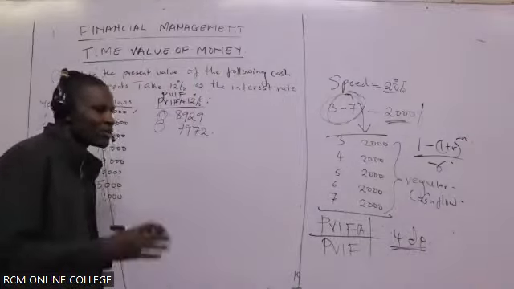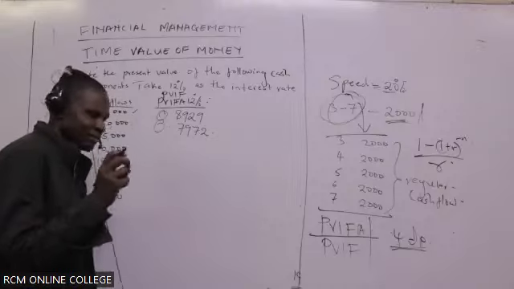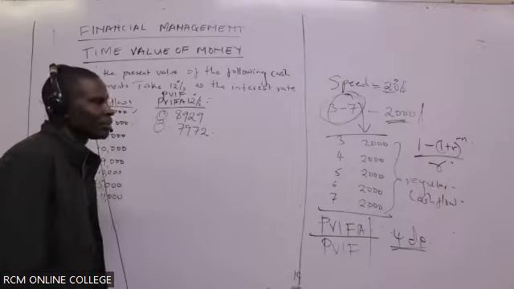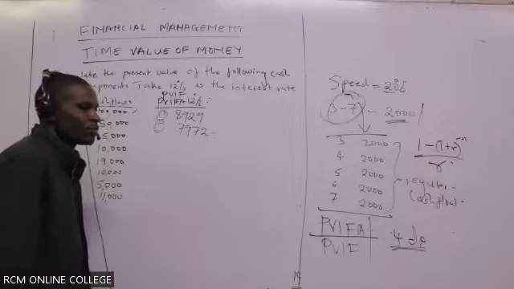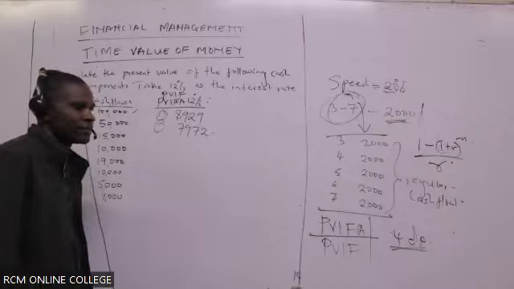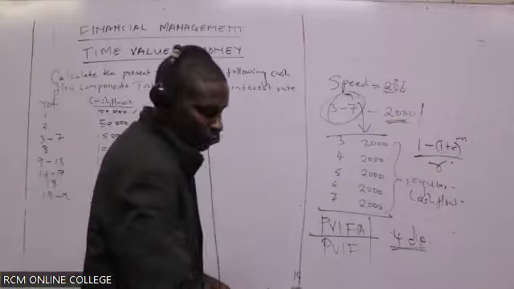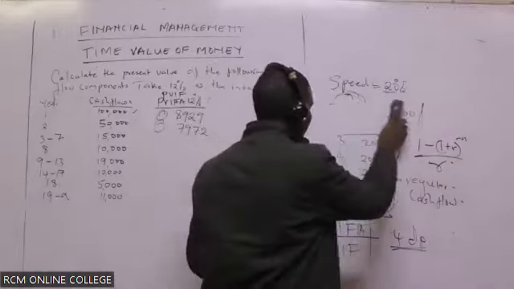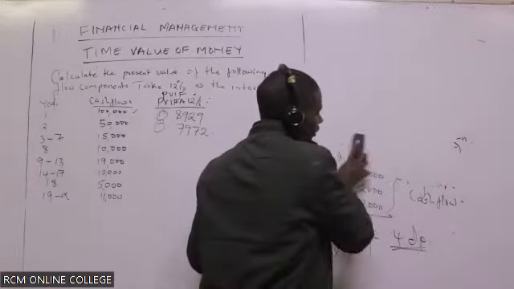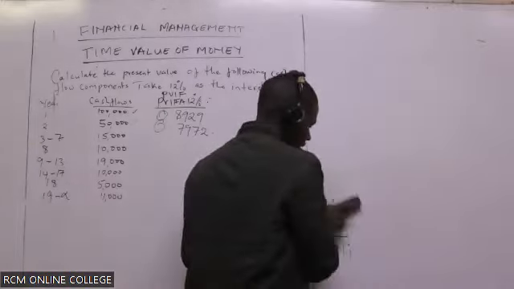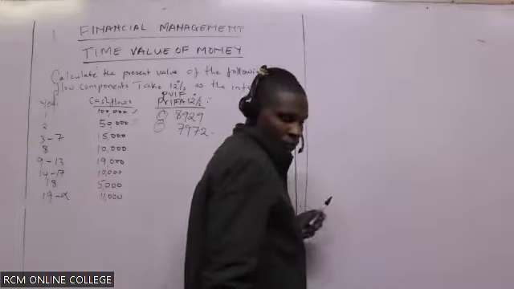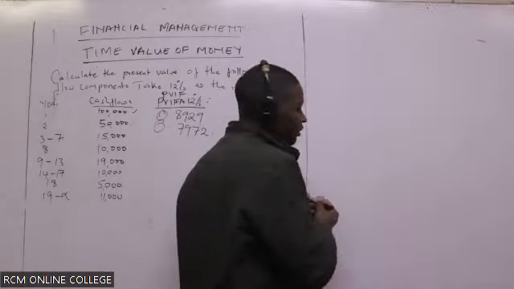Nataka nipate variety, different people giving us the answer. 4.5638. Hapo ndio nataka kila mtu utege masikio vizuri. Hapa ndio watu wengi hukosea as far as this question is concerned. Nataka tuelewane vizuri. So I can see only one person giving me that.